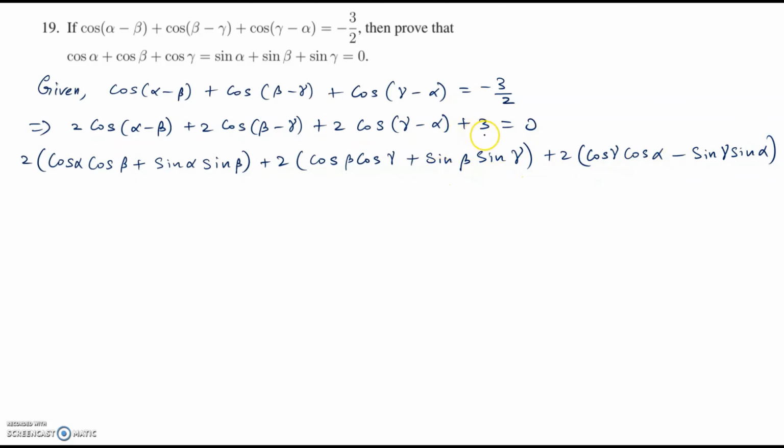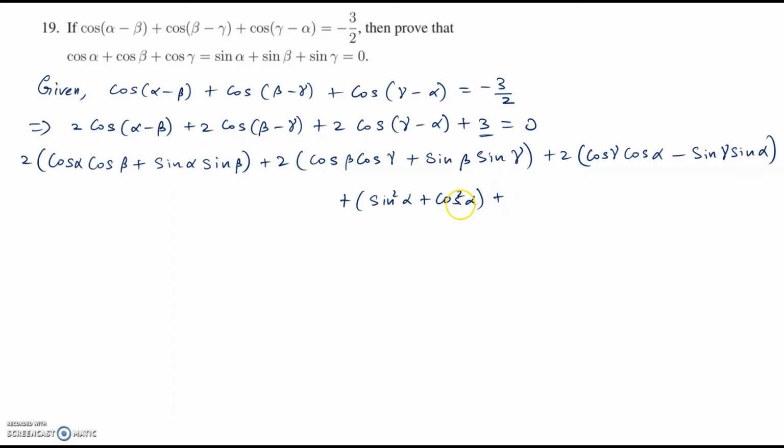Plus the 3, we can rearrange it as plus sin squared alpha plus cos squared alpha, which is equal to 1.